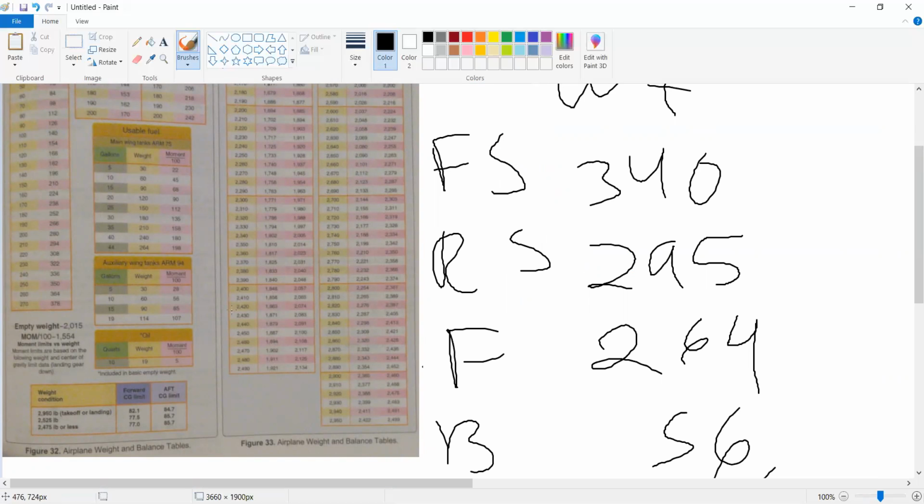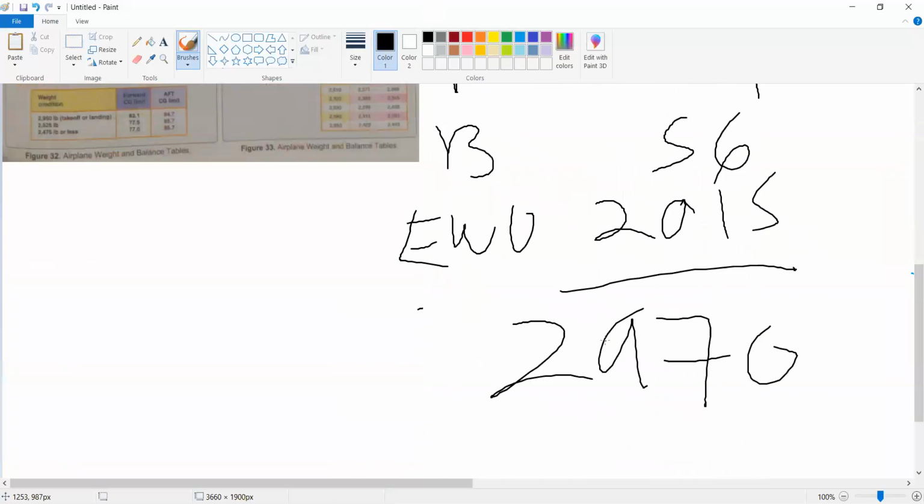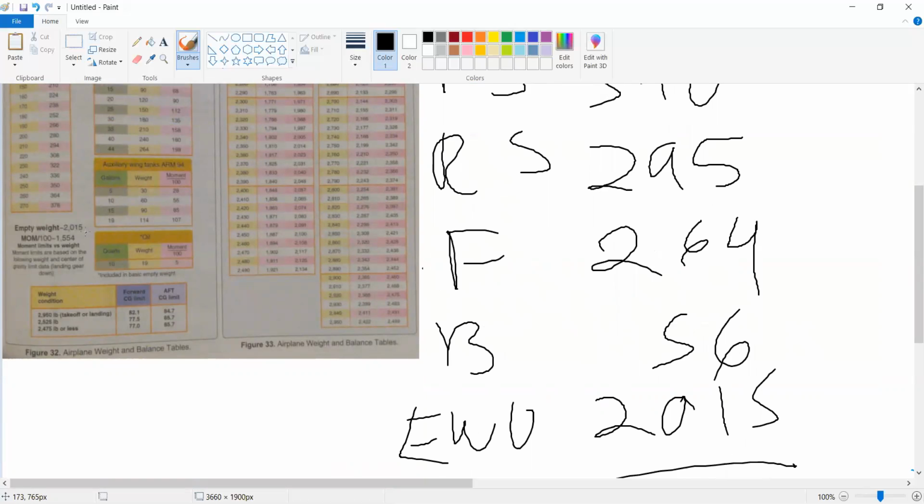Determine the airplane weight is balanced, is within limits. 2,950 is the limit. So if it's 2,950 and our current weight is 2,970, we are 20 pounds over. So that's the first thing.